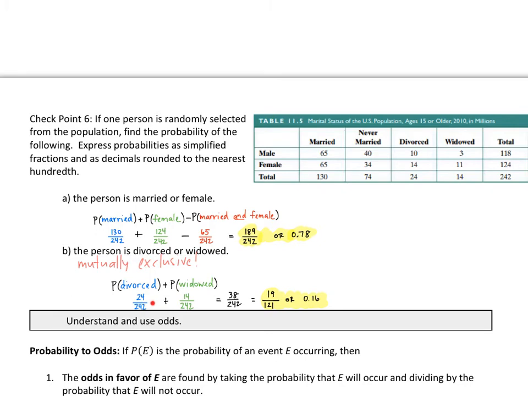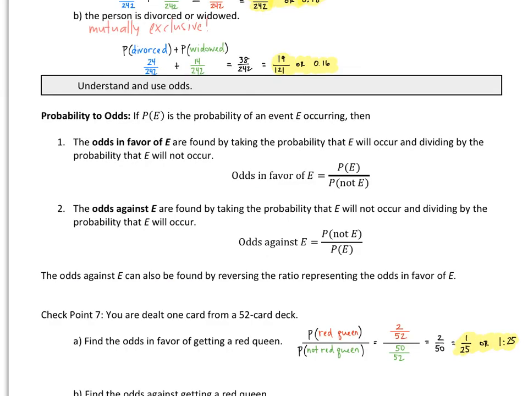So 24 out of 242 are divorced. Being widowed, I get 14 out of 242. Adding those together, 38 out of 242, which is simplified to 19 over 121. Plugging that into the calculator, we get 0.16.